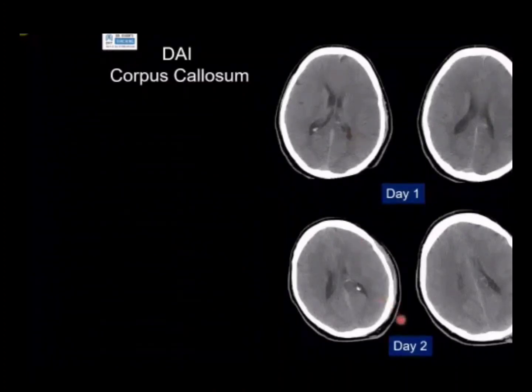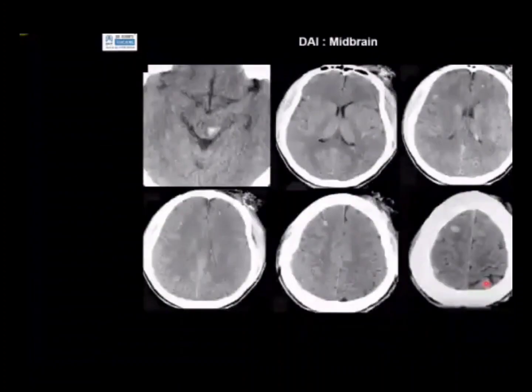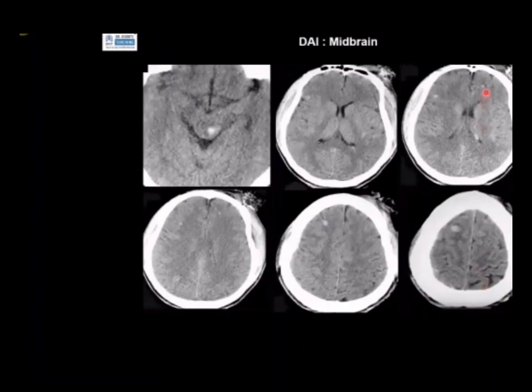The same patient was scanned on day 2, and again there is a bit of high density here, which is diffuse axonal injury. The site tells you that there is a diffuse axonal injury. This one has got multiple diffuse axonal injuries. If you see here, gray-white matter junction, and then the posterior portion of the midbrain, classical. This will be the worst prognosis.